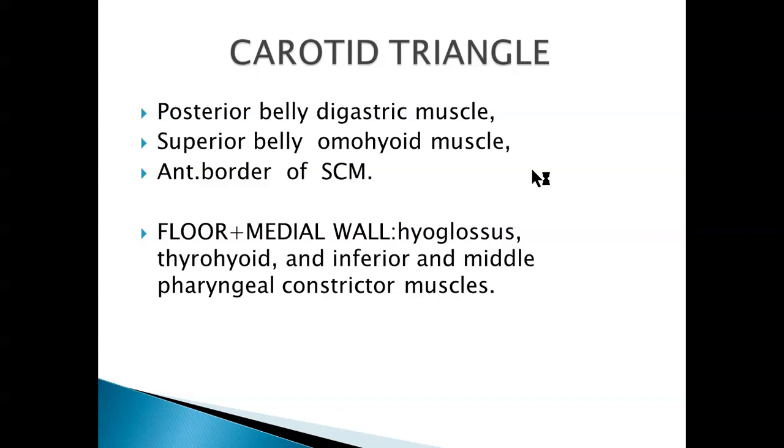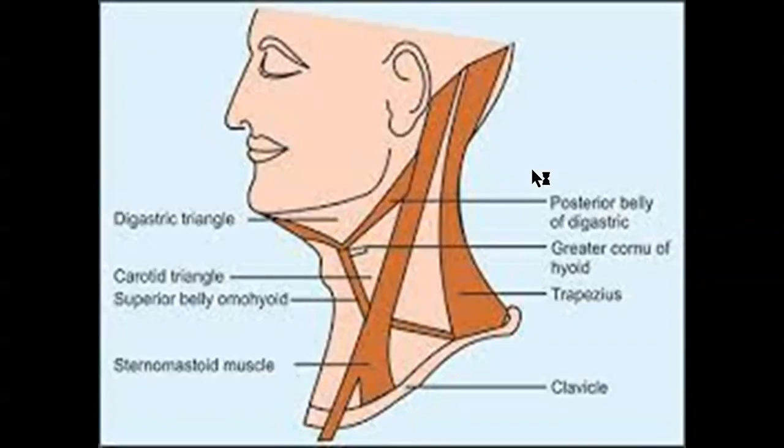Contents, of course, we will talk about these muscles individually. Here we can see the carotid triangle. The boundaries would be your posterior belly of digastric, your superior belly of your omohyoid, and your anterior border of your SCM.